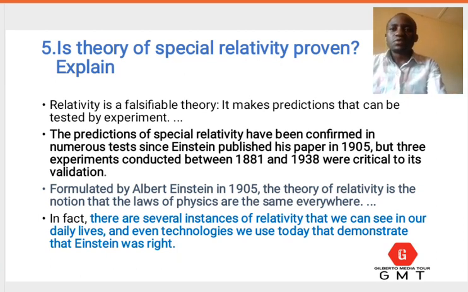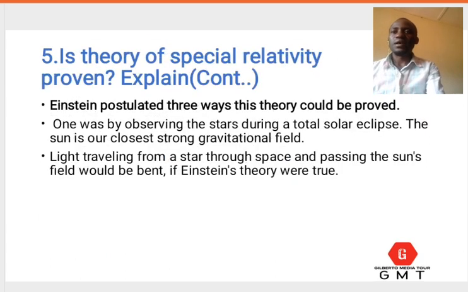The predictions of special relativity have been confirmed in numerous tests since Einstein published his paper in 1905, but three experiments conducted between 1881 and 1938 were critical to its validation. So this is a very well-tested theory.